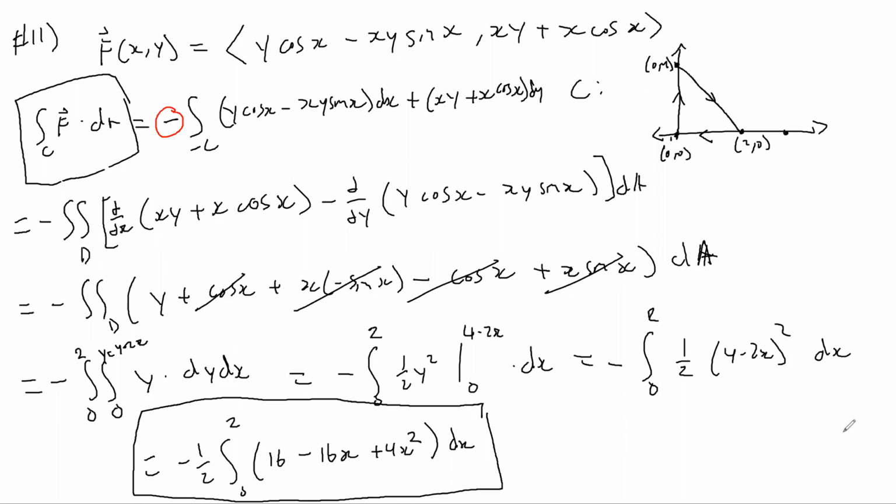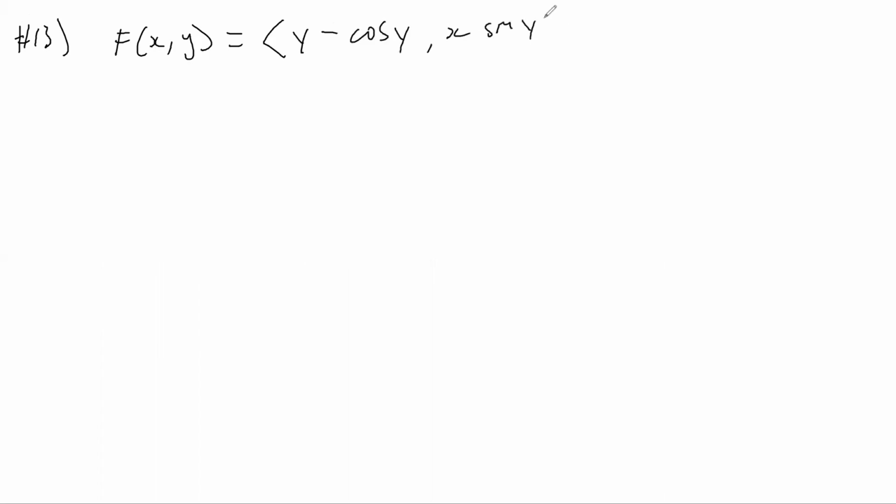Okay, same section, same part of 16.4. We're just going to use Green's theorem to evaluate the integral of F dot dr. For number 13, we have the vector F of x, y equal to y minus cosine y, x sine y, and C is the circle (x minus 3) squared plus (y plus 4) squared equal to 4.